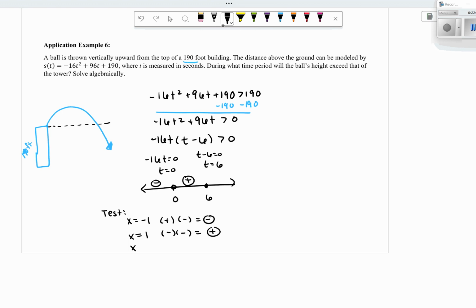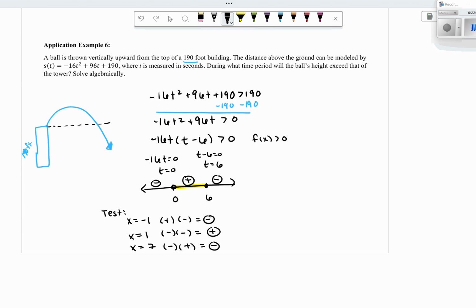And x equals 7. So negative 16 times 7 would be negative, and 7 minus 6 is positive, so that is negative. And so we're looking for when the function is greater than 0. So where is it greater than 0? In between 0 and 6.